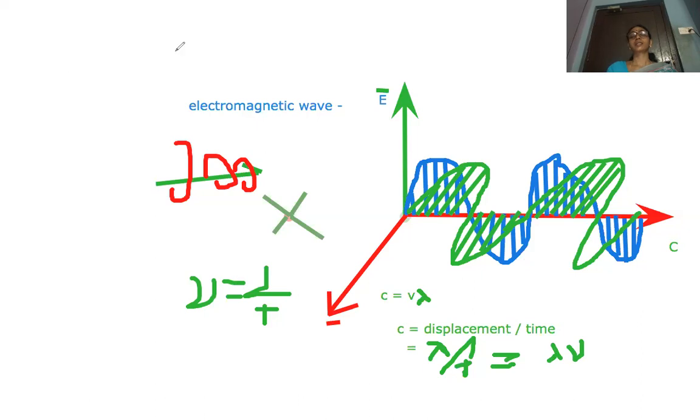So what are the characteristic features? Let's see the characteristic features of electromagnetic waves. First point, they are transverse waves. Second thing, they are produced by oscillating electric and magnetic fields. That's very important.